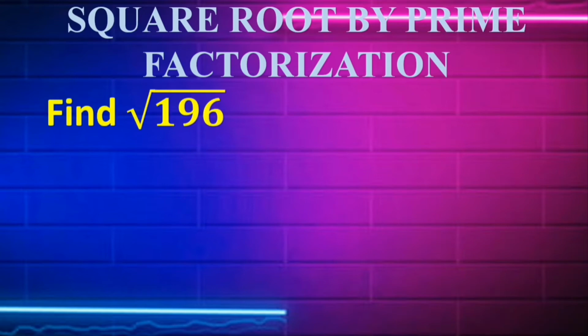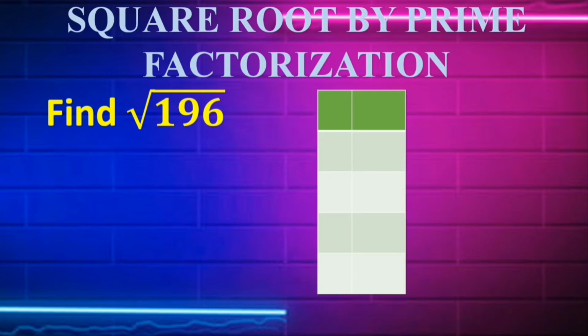Let's take a look at an example. Find the square root of 196. It's simple. To find the square root of 196 using the prime factorization method, you just use prime numbers to divide through 196. This is how.